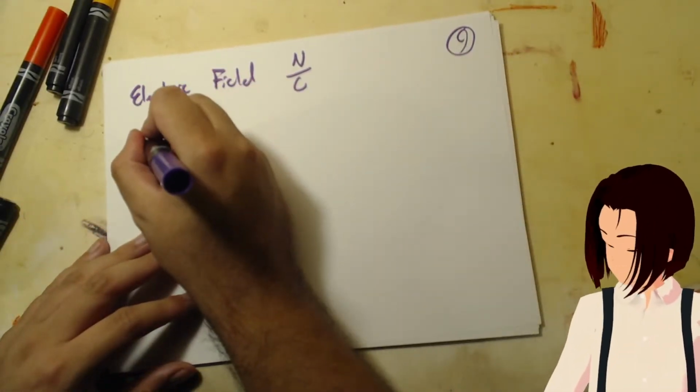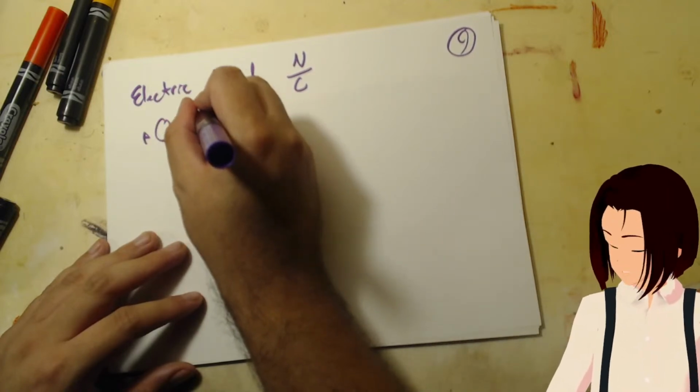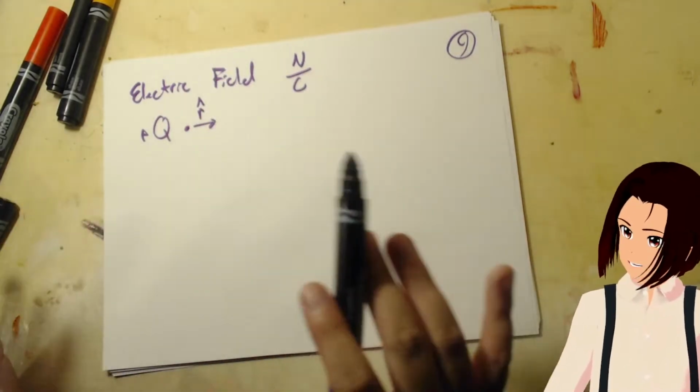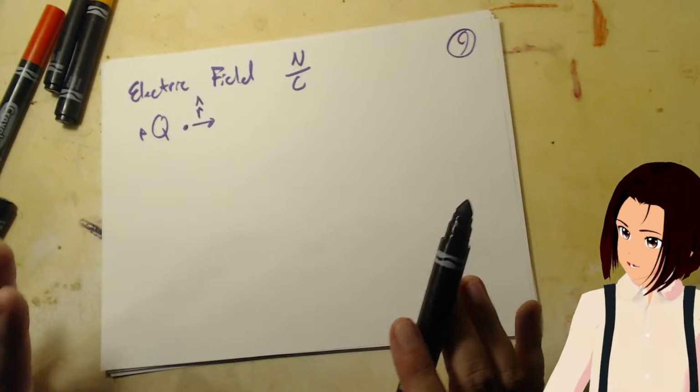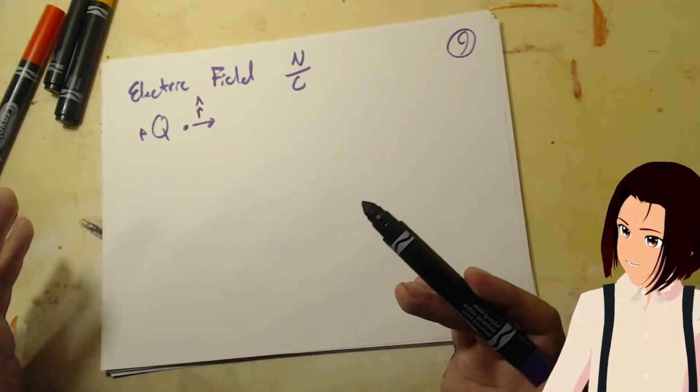The Q, and we have the little point right here, and we know the r-hat. We know the direction because this is not a scalar quantity, because force isn't a scalar quantity either. So electric field is not a scalar; it's a vector.